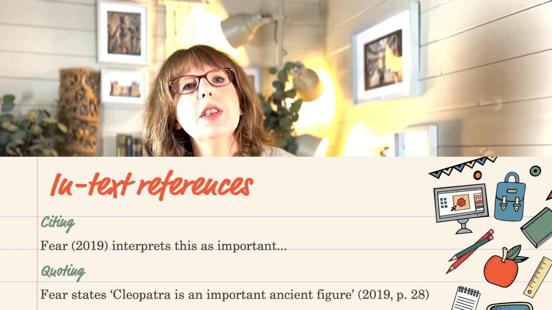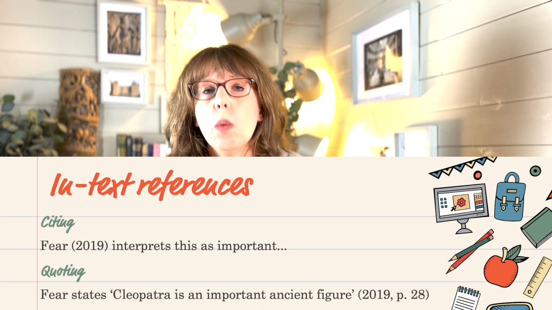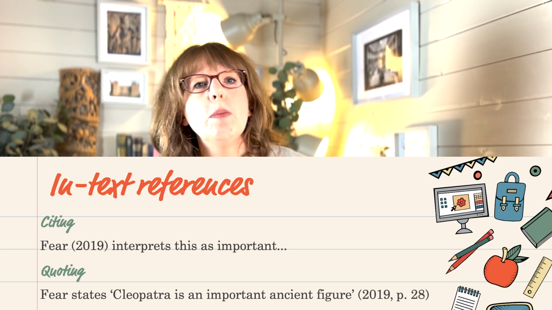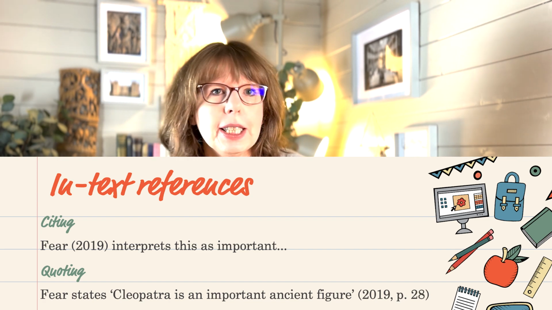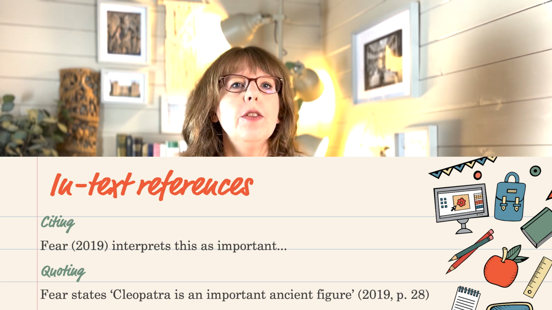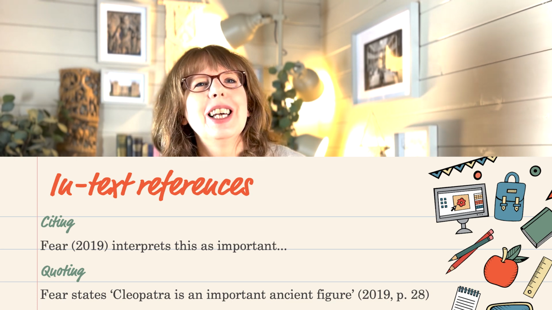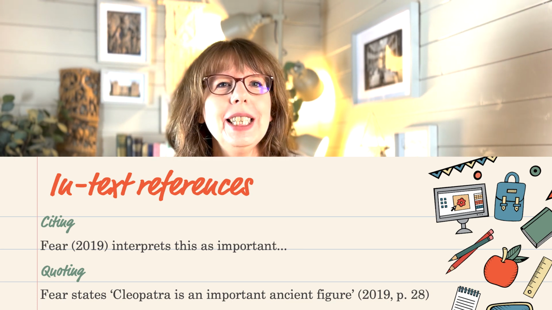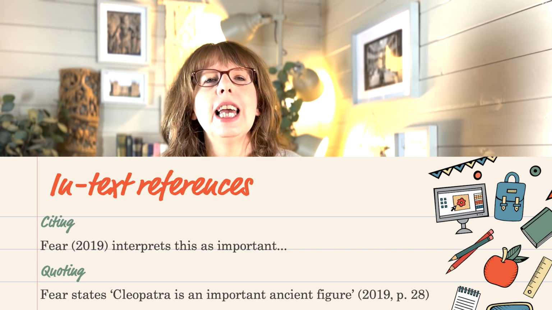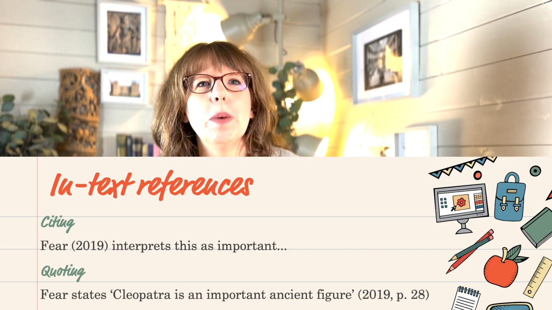Secondly, if I mention Trevor Fear's name in the essay and want to cite an idea or quote, for example, if I say, Fear interprets this as X, or Fear states, followed by a quotation, then I remove the name from the in-text reference, which looks like this. Fear, open brackets, 2019, interprets this as X, or Fear states, open quotation marks, Cleopatra, XYZ, close quotation marks, open brackets, 2019, comma, P.28, close brackets, full stop.